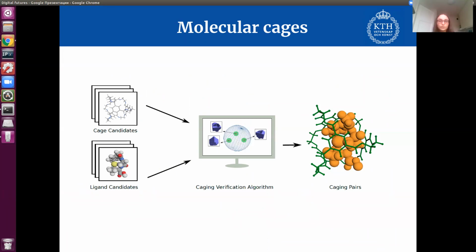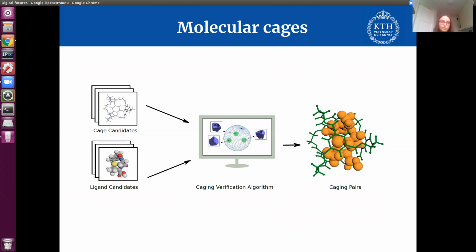So what we're trying to do here is to design an algorithm that will perform computational screening of potential cage candidates, so candidates of these big molecules that can encapsulate smaller molecules, and the respective small molecules, and just see whether these pairs can form cages or not, so whether one can encapsulate another.